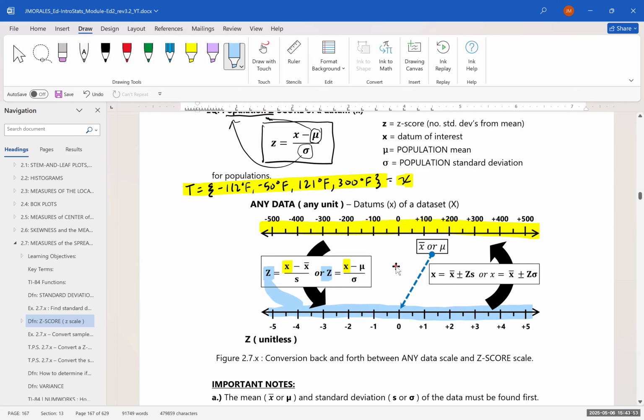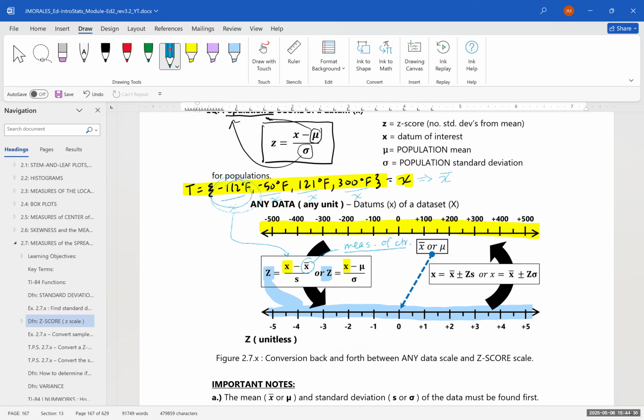Now, what's a little different here is that because you're using the mean and standard deviation in this equation, remember that the mean is our measure of center. And since the mean is a measure of center, and we're taking values of X from our data set, and we're subtracting it from the average of that data set, we're going to get the distance between this datum and the average.